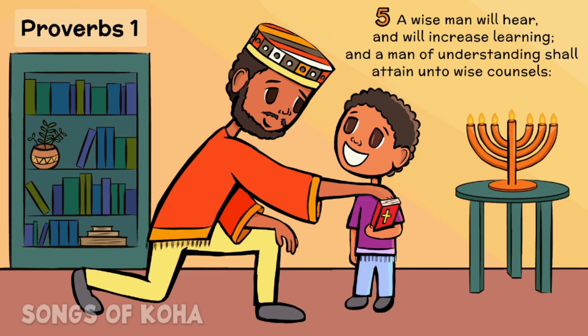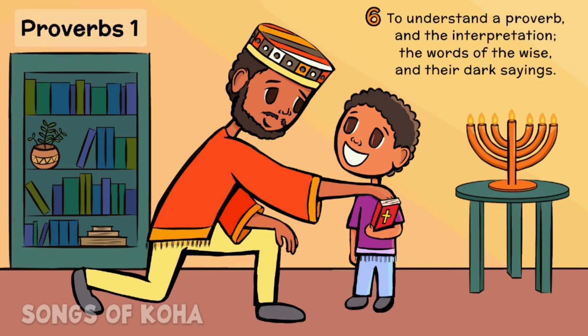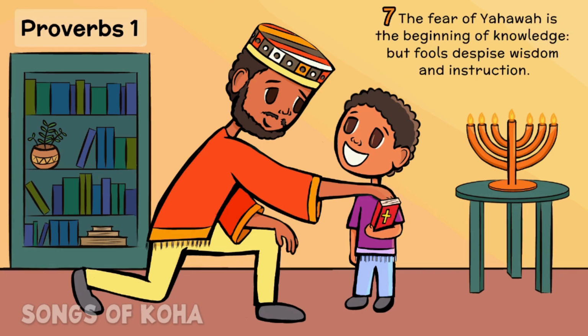A wise man will hear and will increase learning, and a man of understanding shall attain unto wise counsels. To understand a proverb and the interpretation, the words of the wise and their dark sayings. The fear of Yahweh is the beginning of knowledge, but fools despise wisdom and instruction.